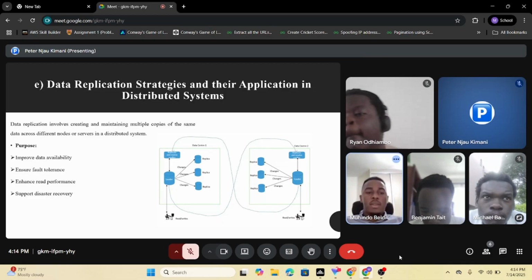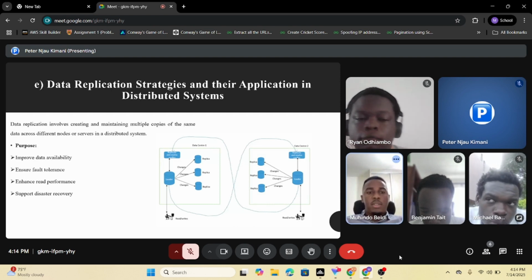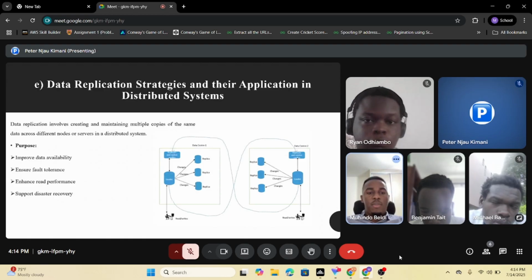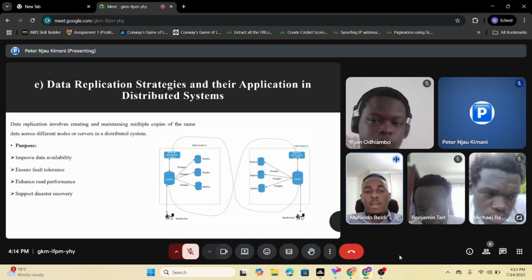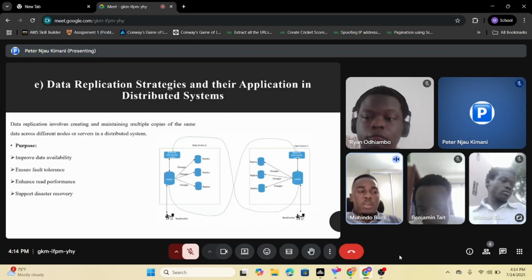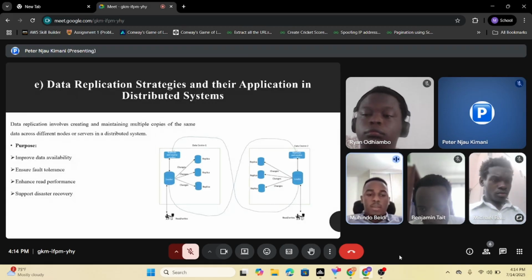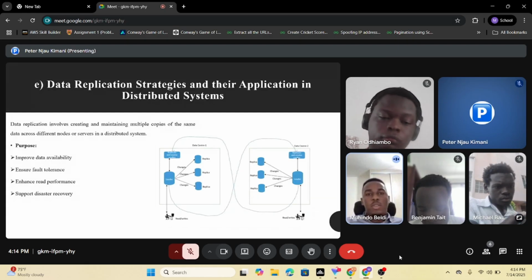The purpose: data replication improves data availability. This means users can always access data even if some of the servers fail. It ensures fault tolerance. The system can continue operating without data loss during failures.